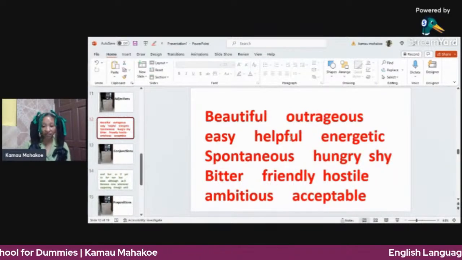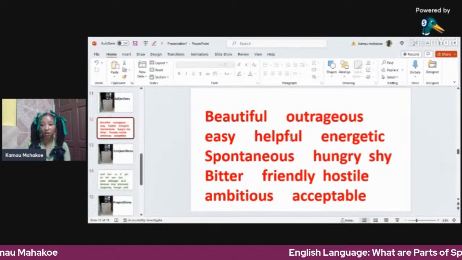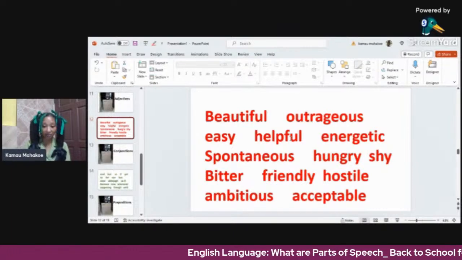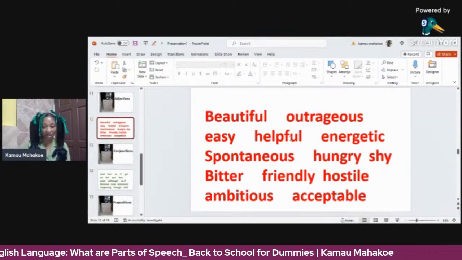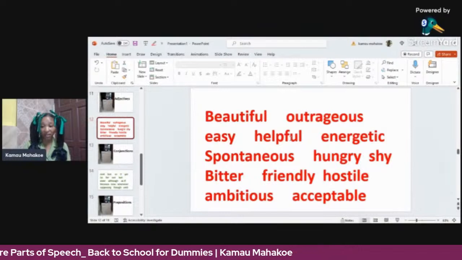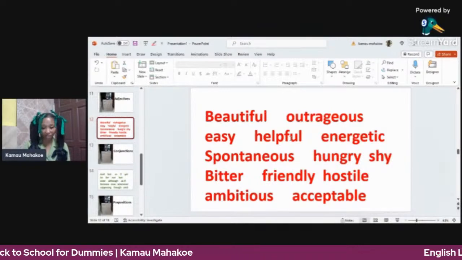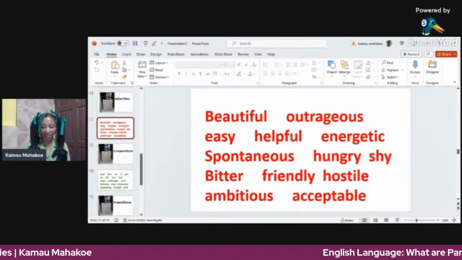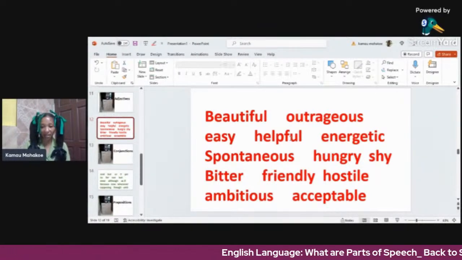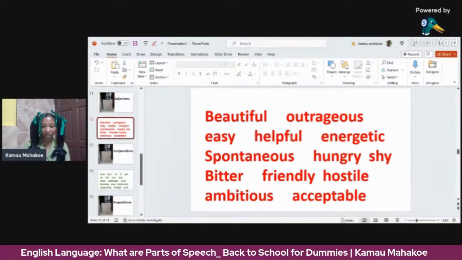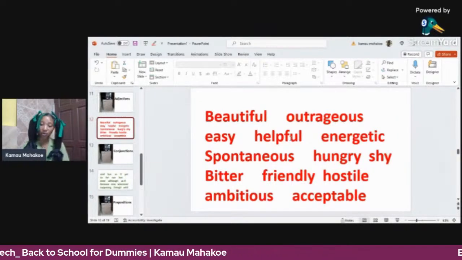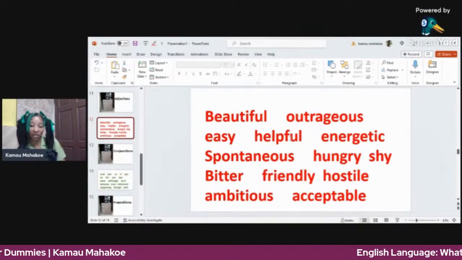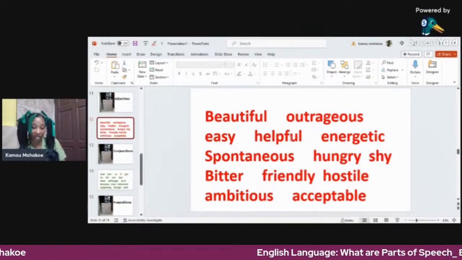So here are some adjectives: beautiful, outrageous, easy, helpful, energetic, spontaneous, hungry, shy, bitter, friendly, hostile, ambitious, acceptable. All of these words describe something. They give you information about how the thing looks, how it sounds, how it feels.